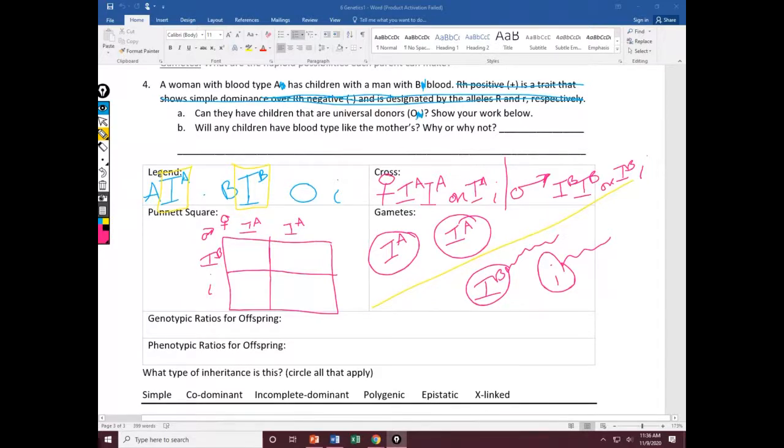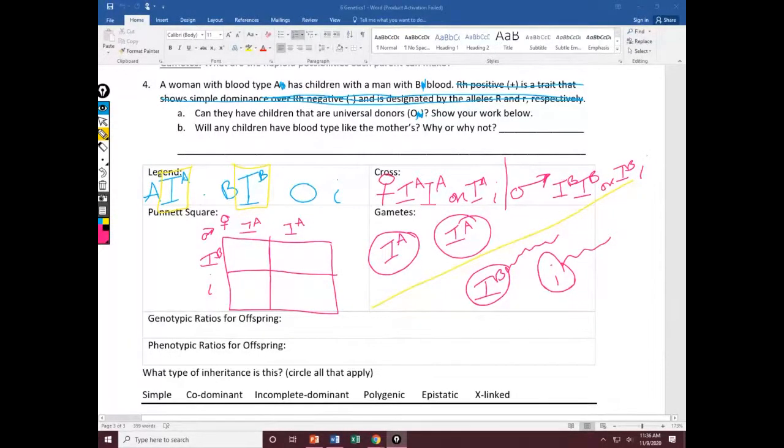Will not. Correct. Why? I don't have any babies that are little i, little i. Okay. How might I have changed that so I did? Or how would that happen here? Excellent, right? Both parents would have to be able to donate a recessive allele.